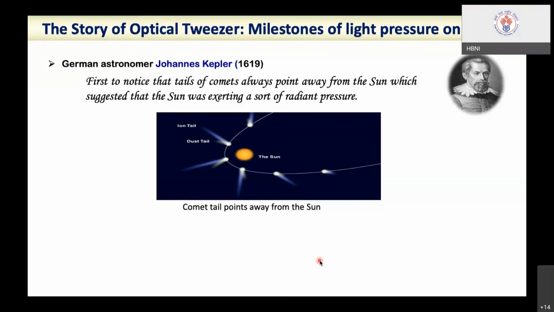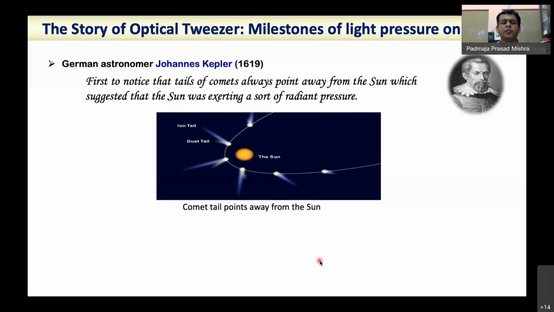the very first concept of light putting pressure on objects came in 1619. If you just go through the history of this optical tweezer, Johannes Kepler proposed that if you look at the tails of comets, they are always away from the sun.